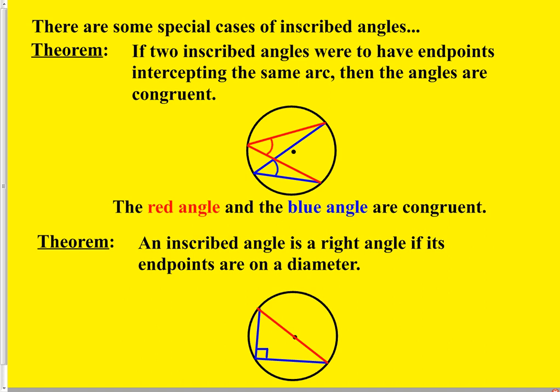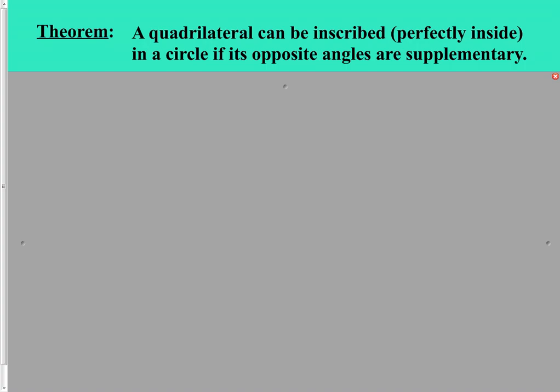Okay, the third and final theorem that we're looking at today is this one. This one's a little less obvious, but still could be figured out without the statement. A quadrilateral can be inscribed, and the word inscribed may be one that you're not familiar with. Inscribed means a shape that fits perfectly inside of another one.